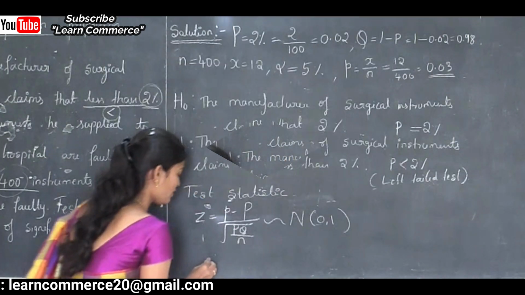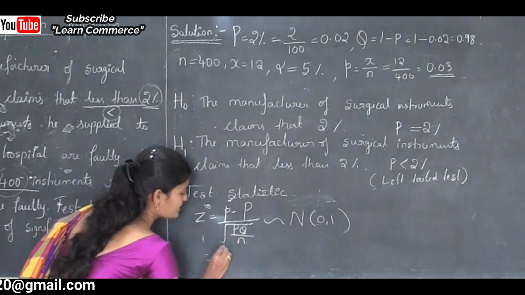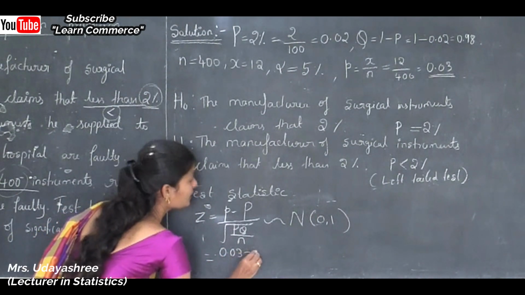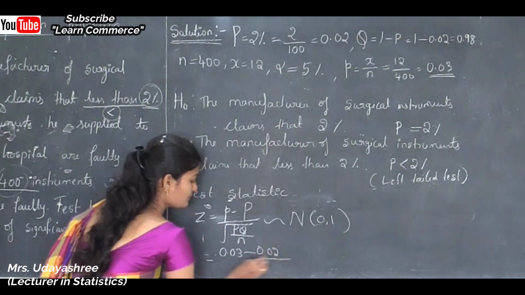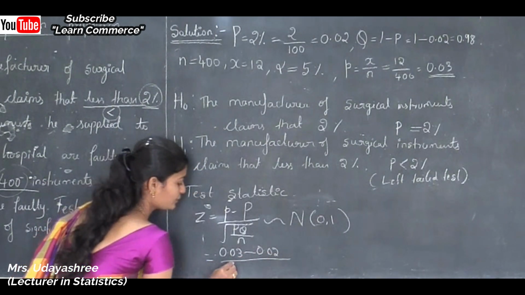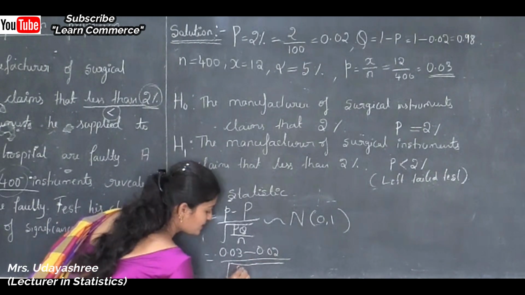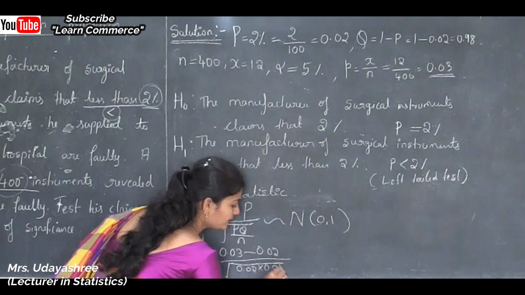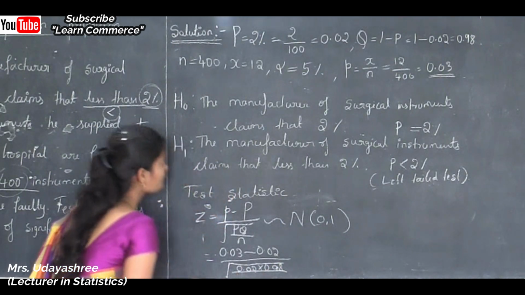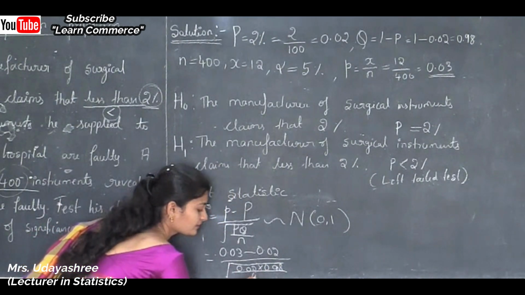So here small letter p value is 0.03 and capital letter P value is 0.02, divided by square root of 0.02 into 0.98 divided by small letter n, that is 400.